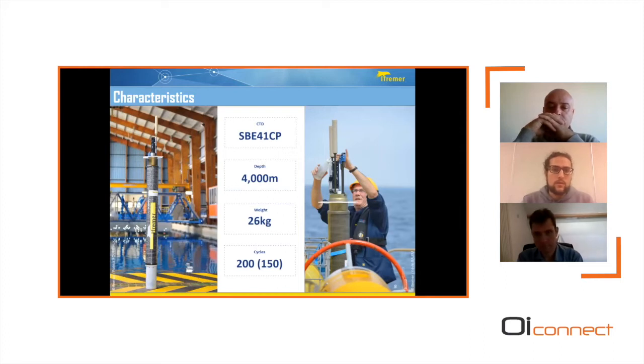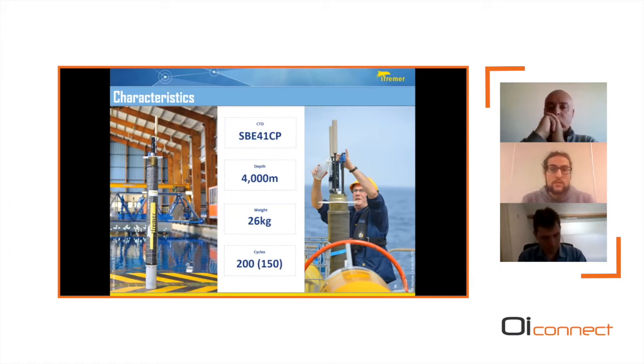So this is a DPower on the left of the slide. It is equipped with an SB41CP CTD from the American company Seabird. Originally, these CTDs were designed to cope a depth of 2,000 meters, but then Seabird qualified it to reach 4,000 meters.